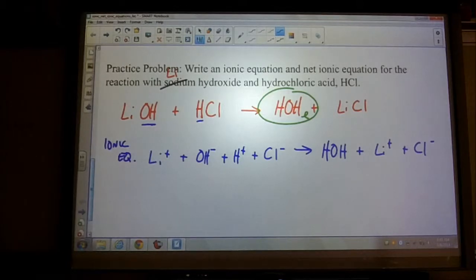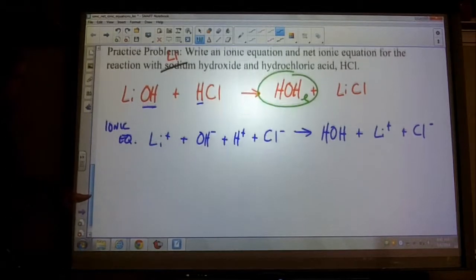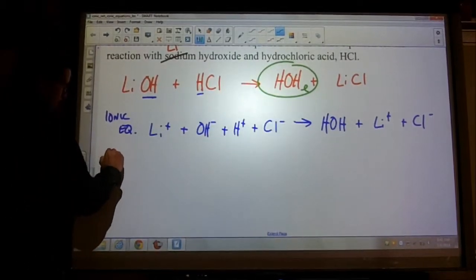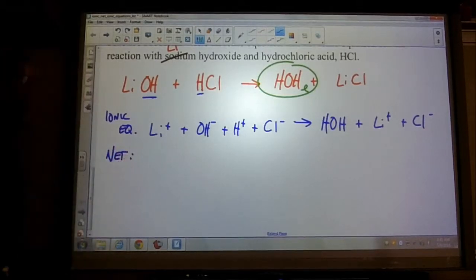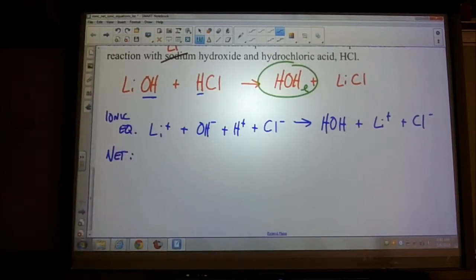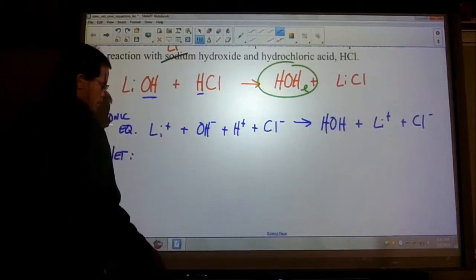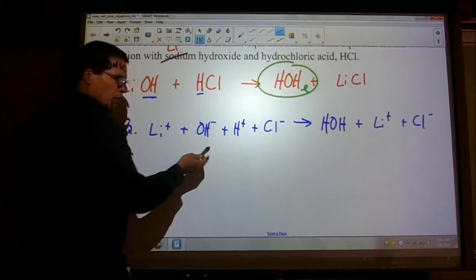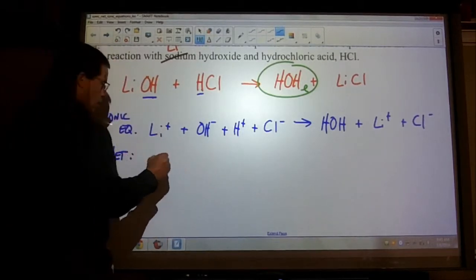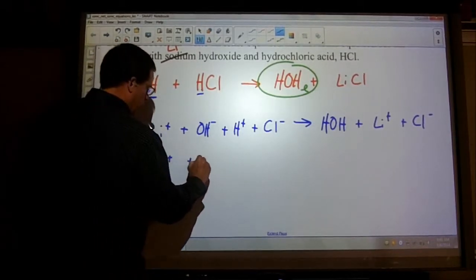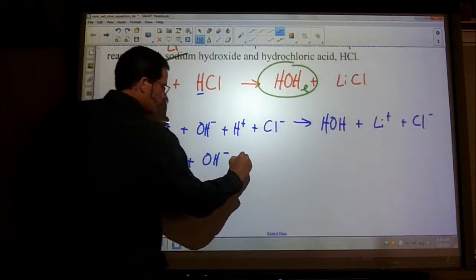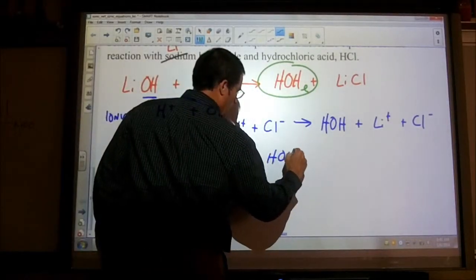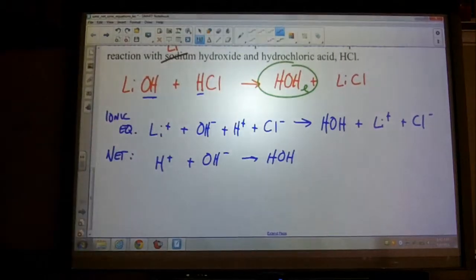In other words, you know it's a spectator because the way it started is exactly how it ends. Okay? And then the net equation, how would that look? H plus OH. And if you left it as OH plus H, that's fine, just don't write OHH. But to keep you from doing that, if you wrote it like this, that's cool. Keep you from doing something dumb there.